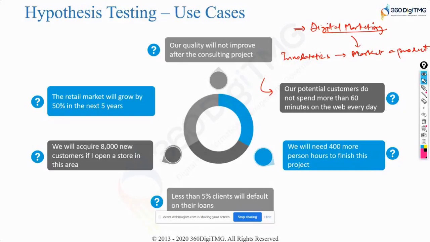So digital marketing team says that, see, there are good chances if our potential customers are spending more than 60 minutes, then there's a good chance that they view our ad. I'm creating an entire story so that you understand the scenario, friends. So there's a good chance that the customers look at our ad if they are spending at least 60 minutes on the internet.